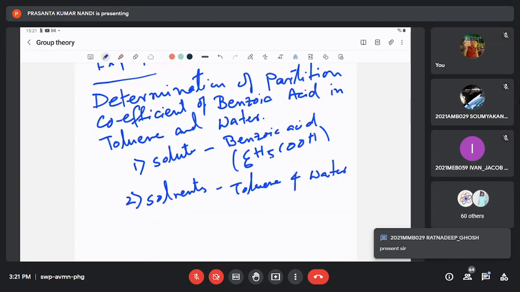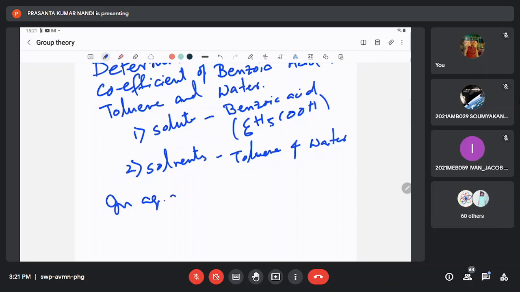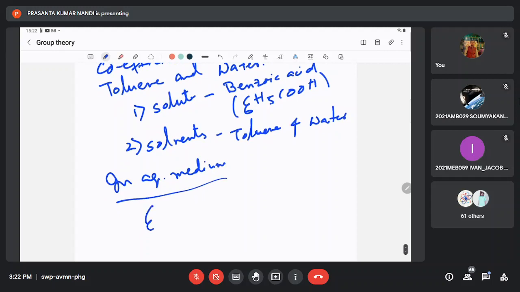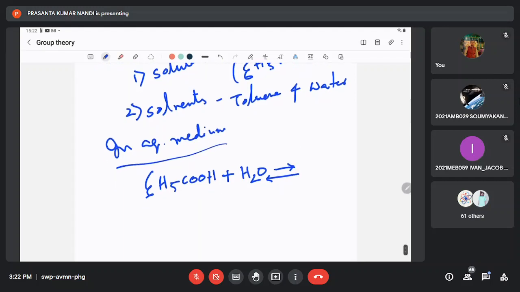In the aqueous phase, that is in water, how can we represent benzoic acid? Since it is a weak acid, the equilibrium lies towards the left, the undissociated form.